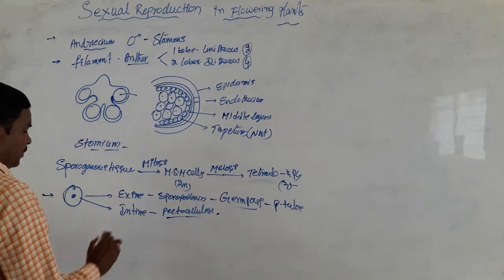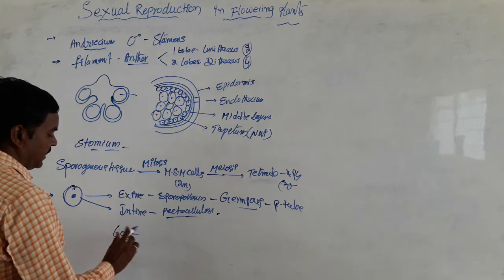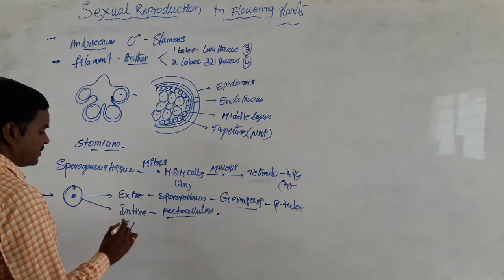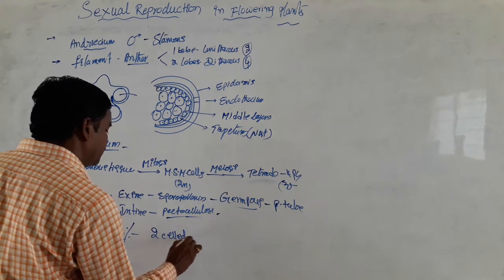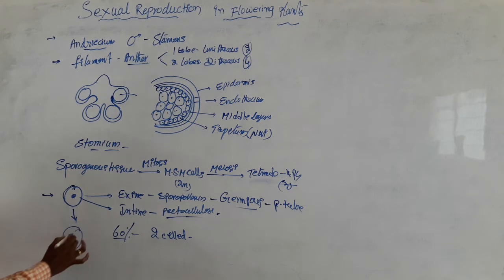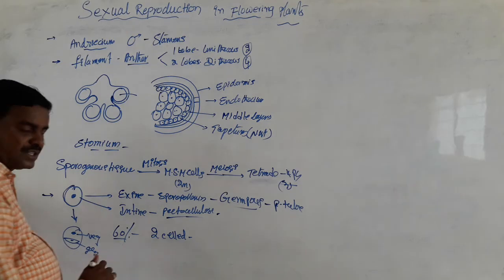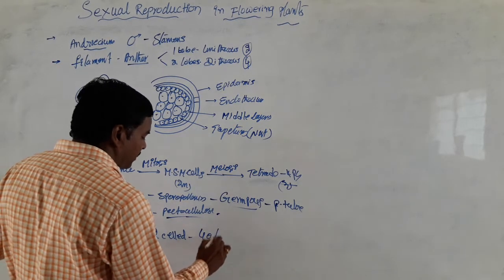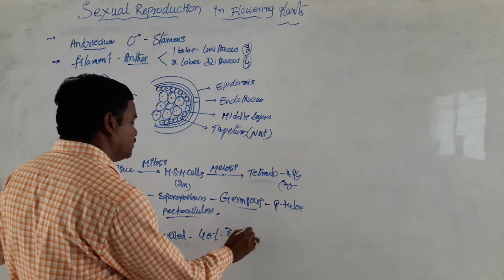Now, these pollen grains. In 60% of the plants, pollen grains are released at the 2-celled stage. Actually, the pollen grain divides by mitosis, leading to the formation of a vegetative cell and a generative cell. In 60% of the plants, they are released at the 2-celled stage, but in the remaining 40% of plants, they are released at the 3-celled stage.